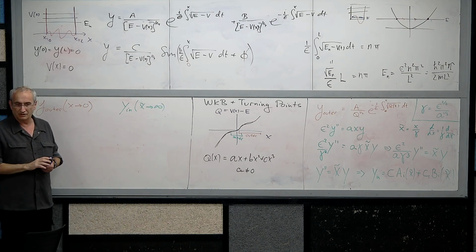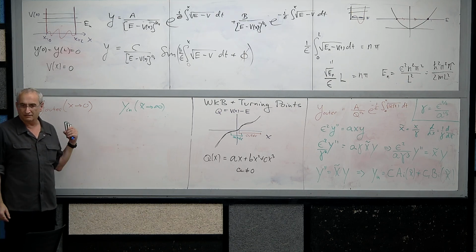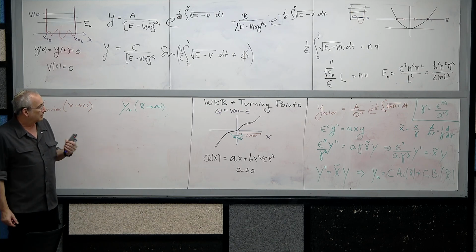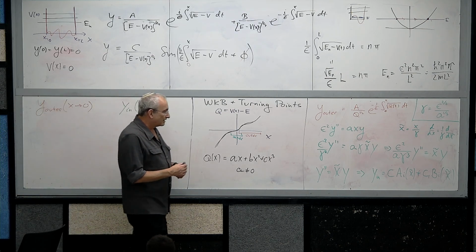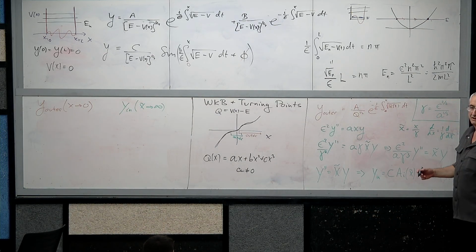This is the matching regime, right? X tilde is very large, x is very small. So an immediate conclusion is that if I have any chance to match them on Earth, I should require the Bi to be 0, or the coefficient C1 to be 0.